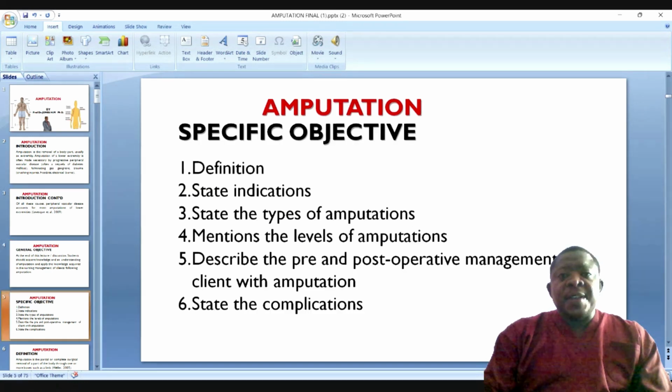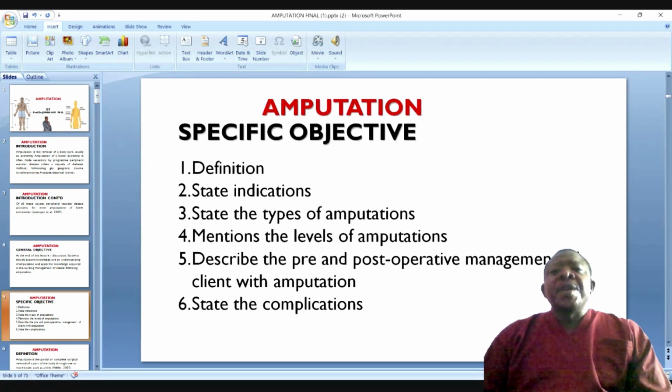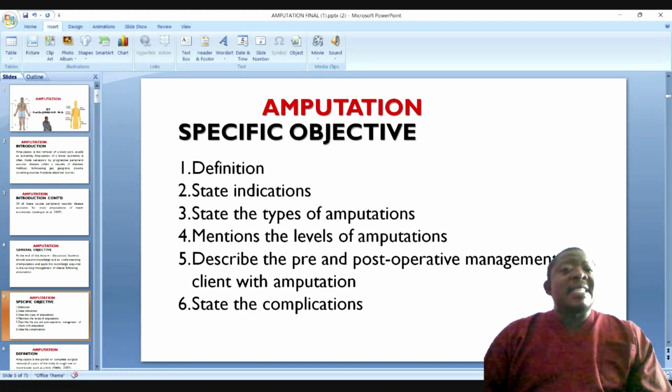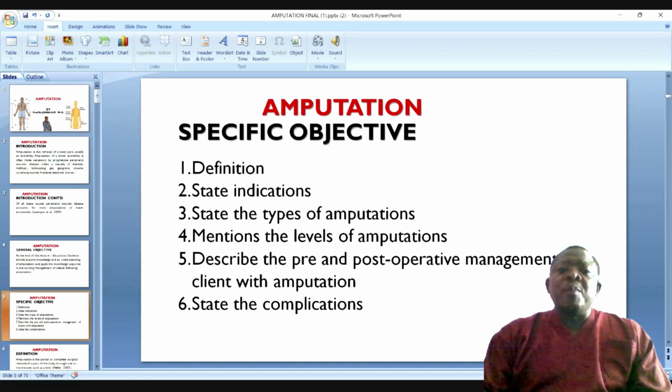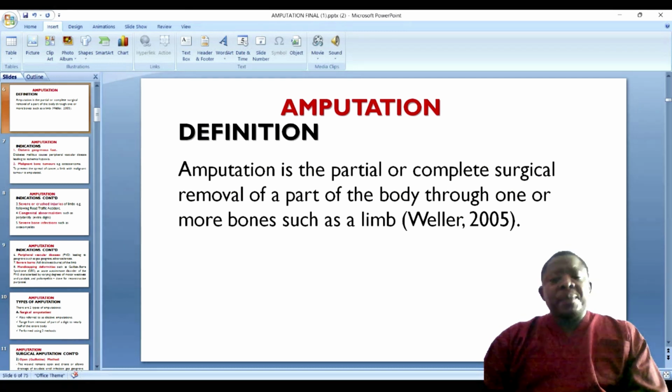The specific objectives are that you should be able to define amputation, state indications for amputation, state the types of amputation, mention the levels of amputation, describe the pre and post operative management of clients with amputation, and also state the complications of amputation.